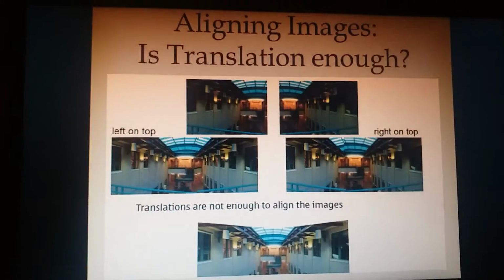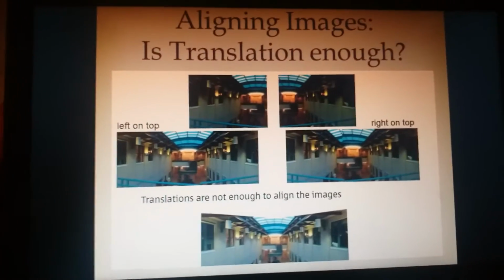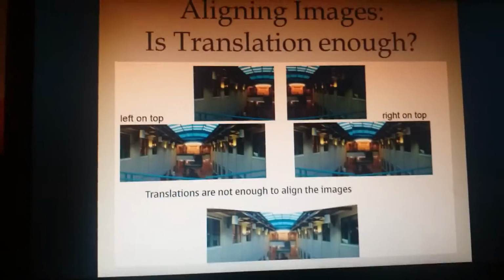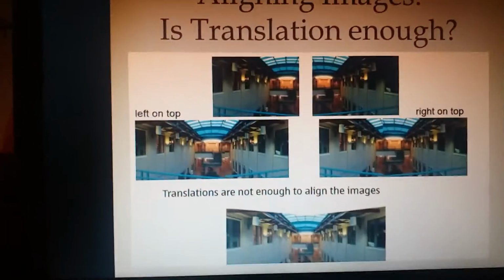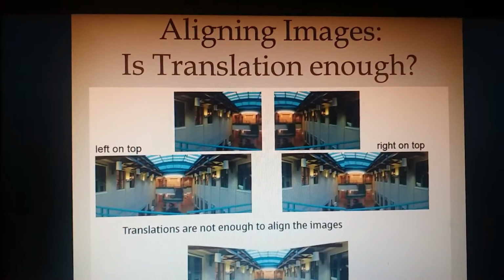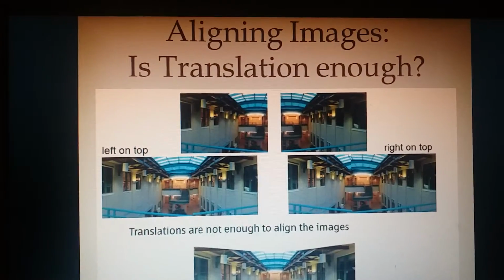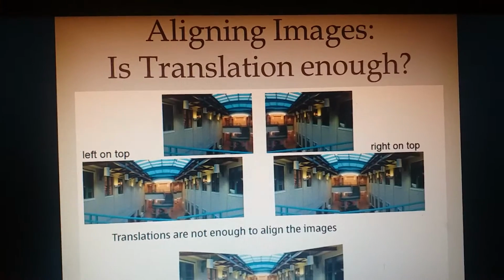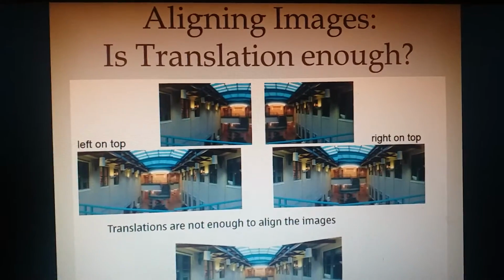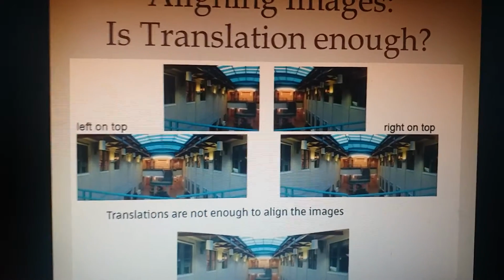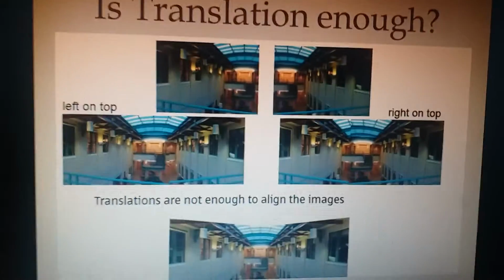So now another method is by aligning images. Over here, as I told, we'll be using projection. But when two pictures are there, and if we only do translational projection, then it will cause a slight distortion, as you can notice over here.